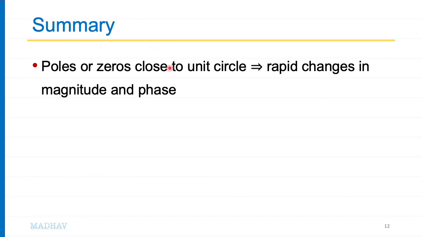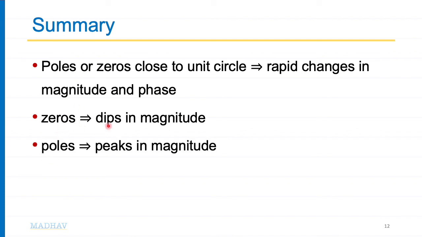So if that length is small, then 1 upon that becomes large, and that's why it brings rapid changes if my poles and zeros are close to the unit circle. And in general, zeros cause a dip in magnitude, because that is the meaning of 0. The magnitude will go to 0 around those points.